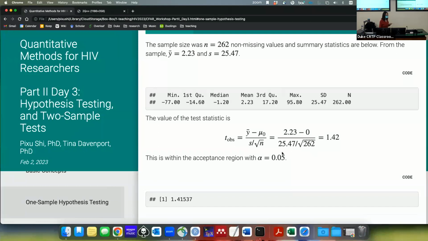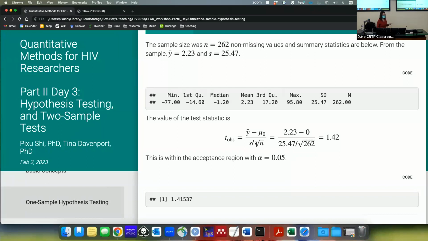So when you have a very large sample size, a very homogeneous population, and a very strong effect, and you do not reject the null hypothesis, it's very tempting to say the null hypothesis is true, but you don't make that conclusion.